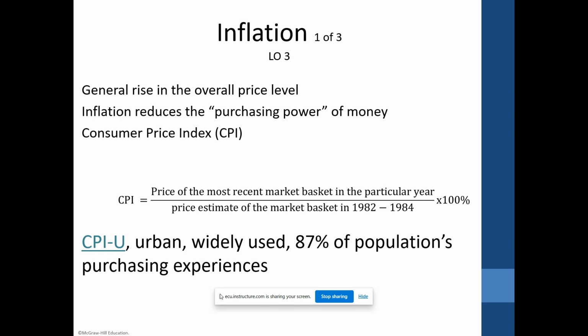The main index used to measure inflation is the Consumer Price Index, CPI.